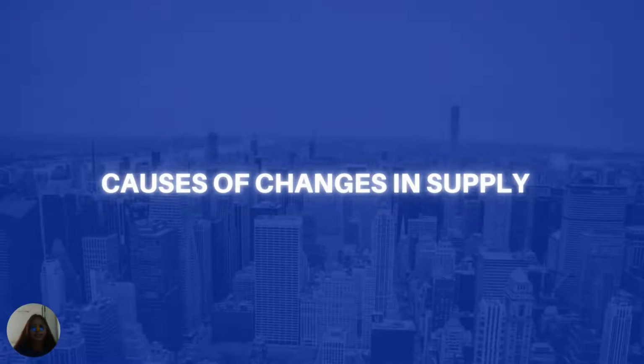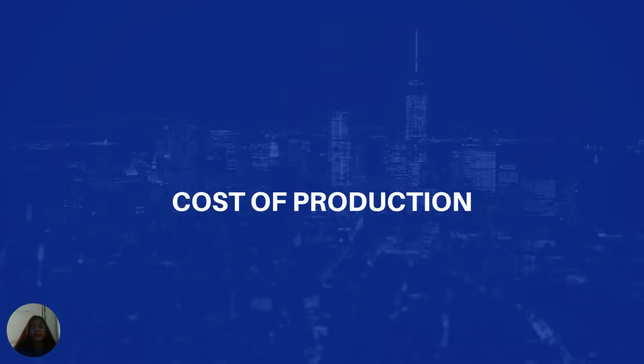Now let's look at the causes for which there are changes in supply. First, cost of production. When the cost of production changes, it will also change the position of the supply curve, because a rise in the cost of production will increase the price of that product. Therefore, suppliers won't be able to supply as much, and that will decrease the supply, so the supply curve will shift inward.